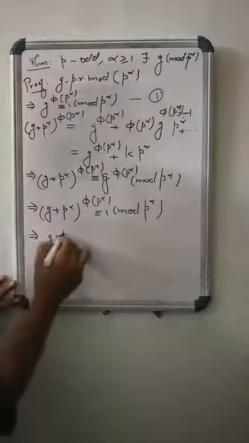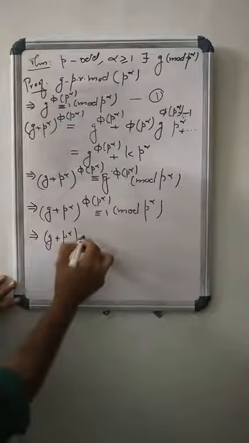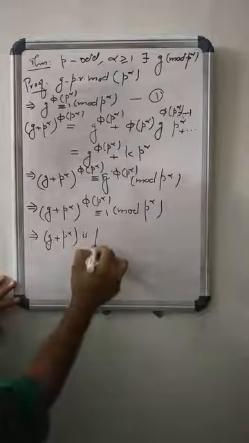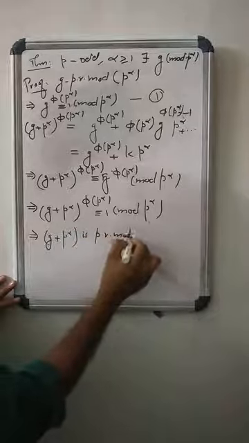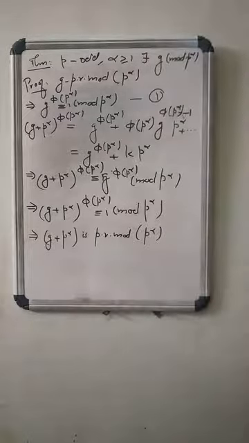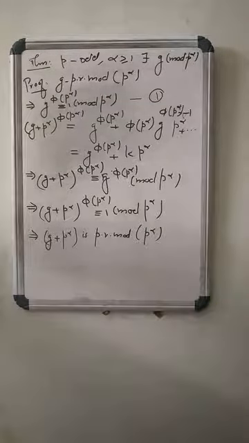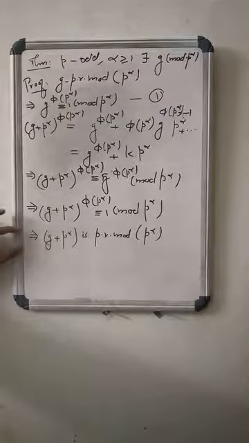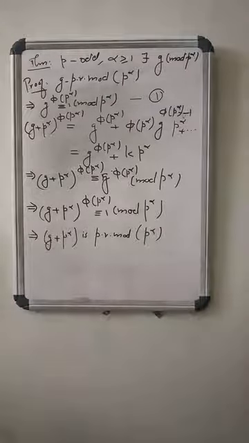That means g + p^α is also a primitive root mod p^α by definition. So when g is a primitive root mod p^α, we have shown that g + p^α is also a primitive root mod p^α.